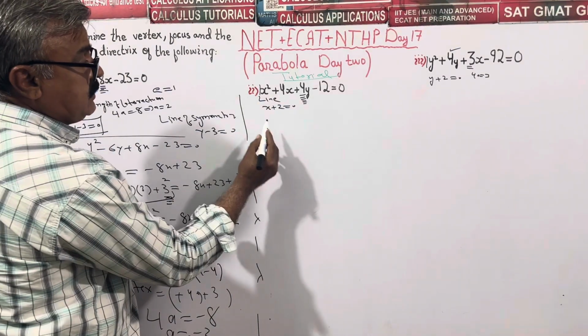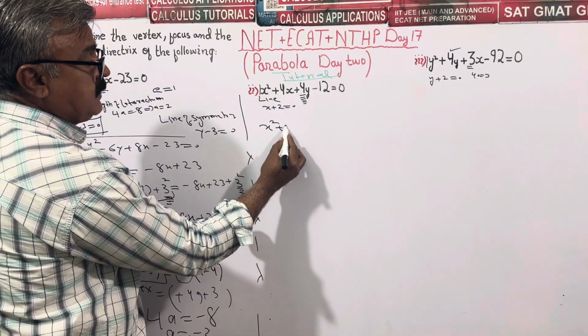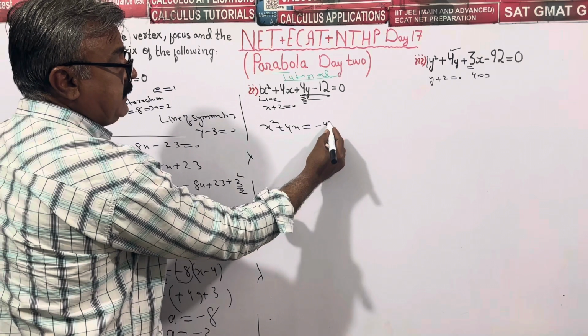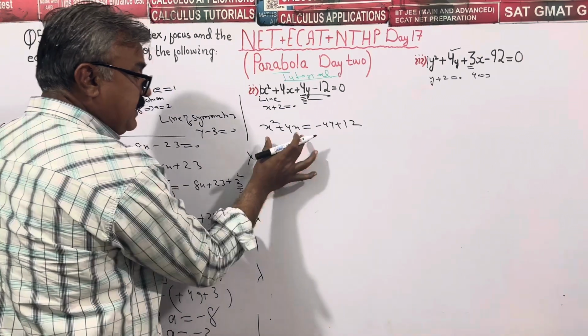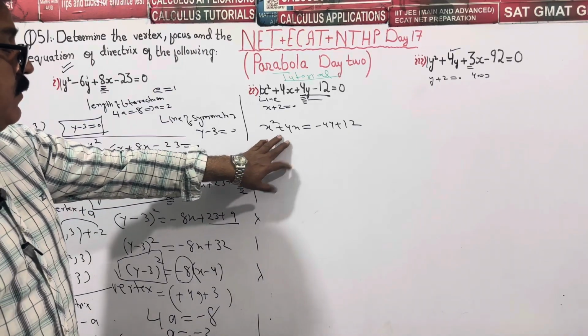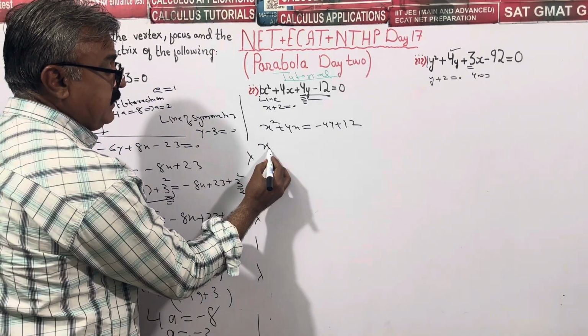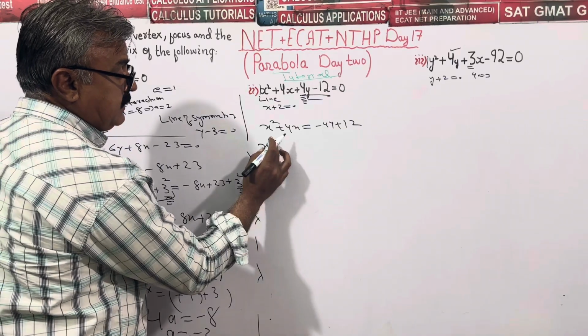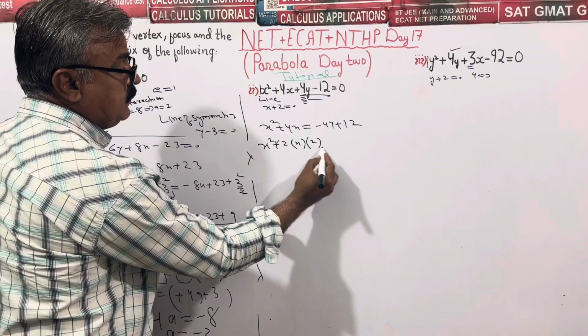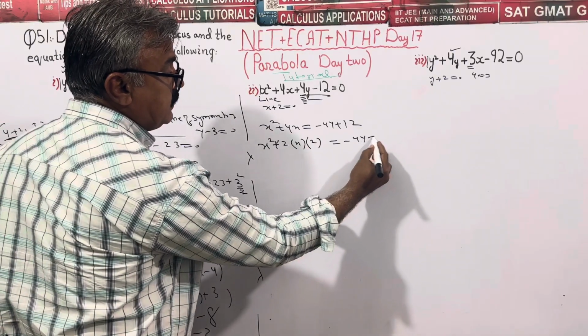There is x square plus 4x. Shift these two quantities to the right hand side and make the left hand side a perfect square. Square is in x. We have to make this one a perfect square. X square plus 4x can be written as 2 times x times 2. That's my 4y plus 2.